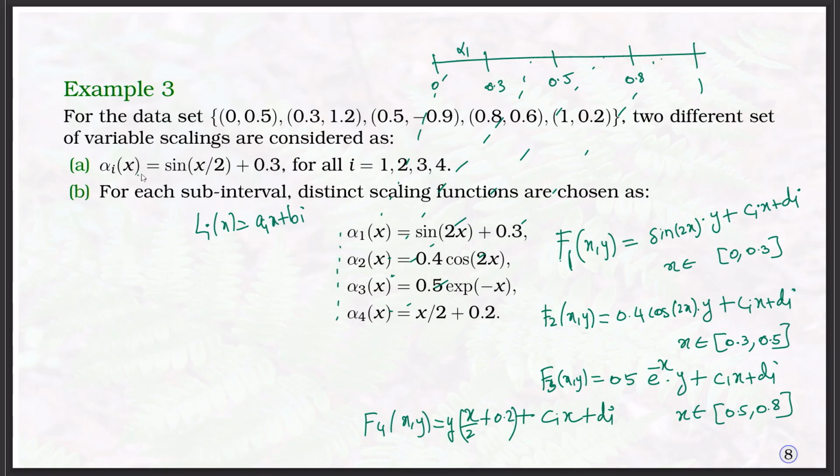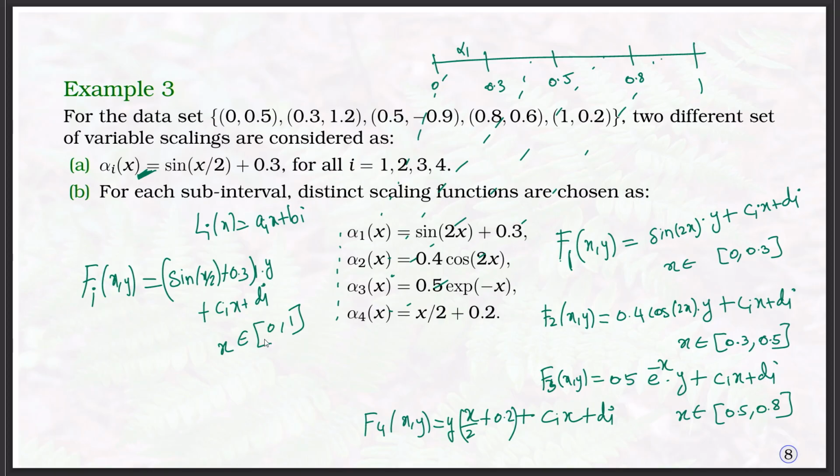Whereas in this other case, for all fi of x comma y, we are choosing the same scaling on all the intervals. Therefore, alpha 1, alpha 2, alpha 3, alpha 4 are all the same. Therefore, we can get a single sin x by 2 plus 0.3 times y plus cix plus di, where x belongs to 0 to 1.